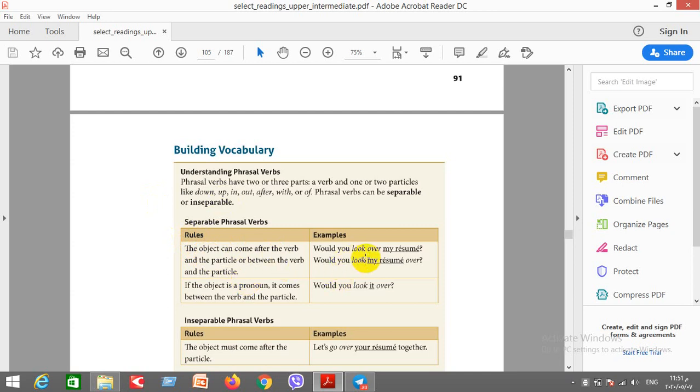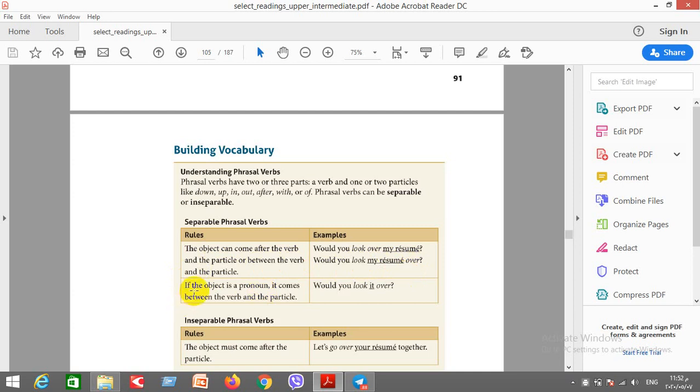It gives us here, "Would you like to look over my resumes?" Look over is the verb. The object can come after the verb, or between the verb and the particle.